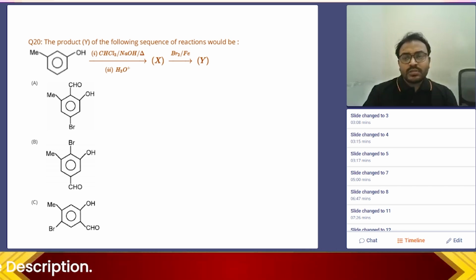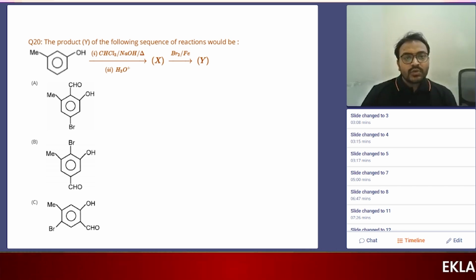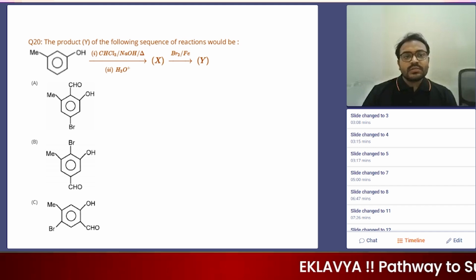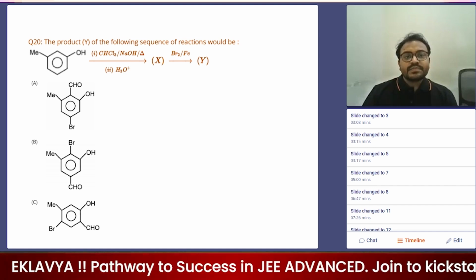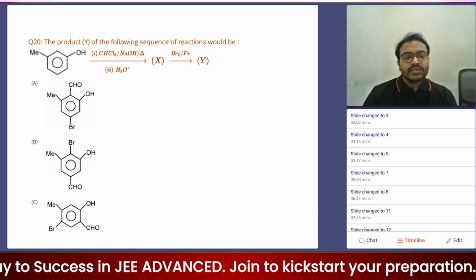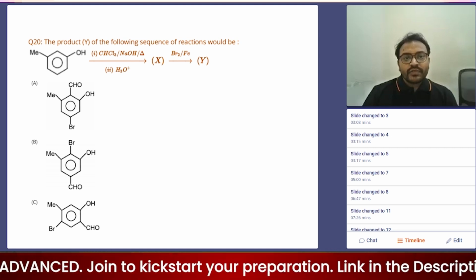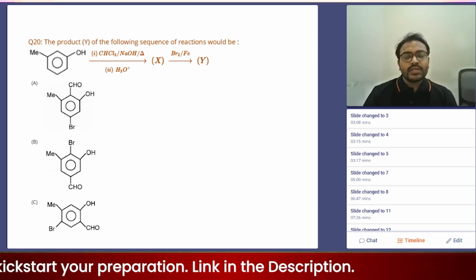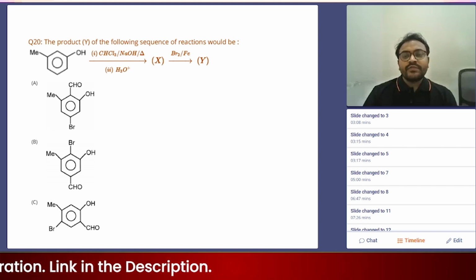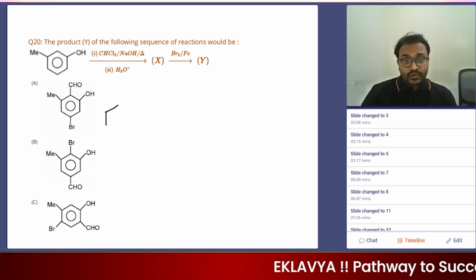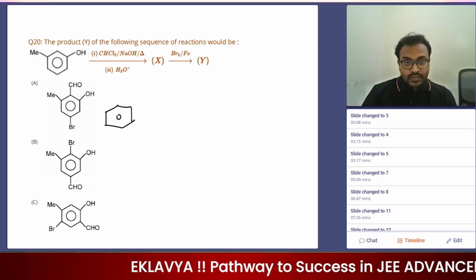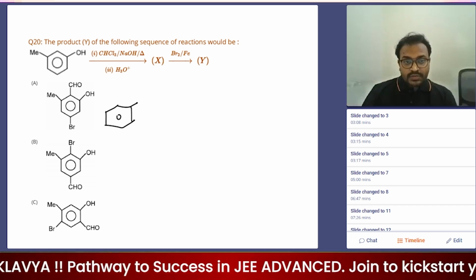Now next question, the product of the following sequence of the reactions. So there is a phenol derivative given, and this phenol is reacting with CHCl3 in the presence of NaOH, heating, then H3O+. So this reaction, we know that phenol shows Reimer-Tiemann reaction. So this question is also related with the Reimer-Tiemann reaction. So first we will get this particular substrate with OH.